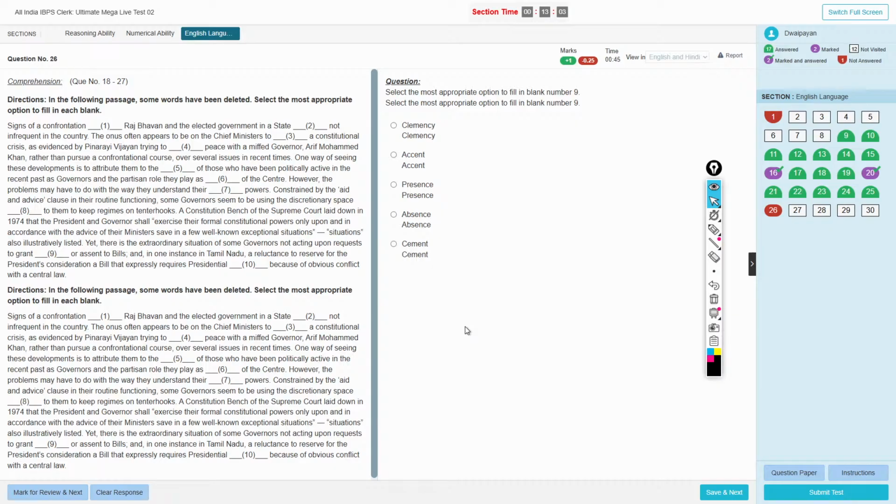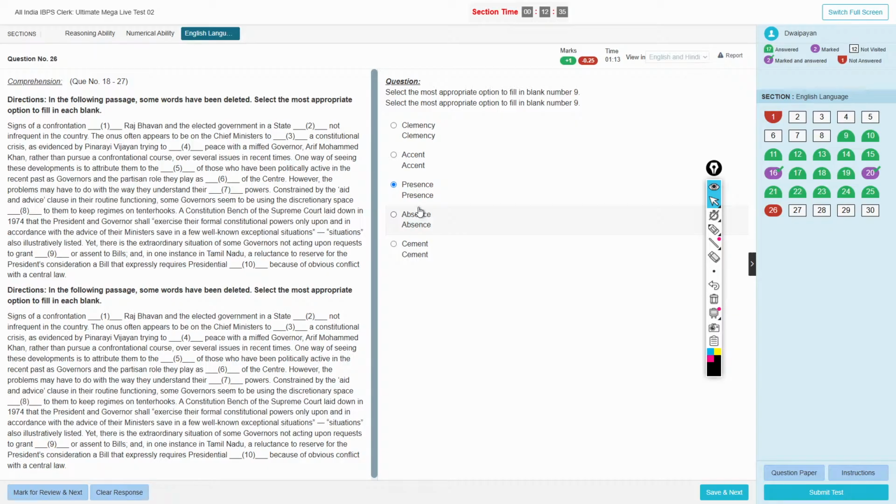to a bill. Grant assent, or assent to? No, grant assent, definitely not grant absence.